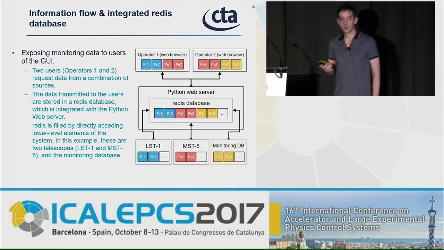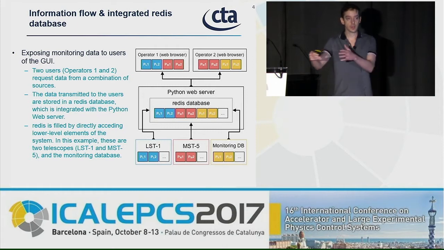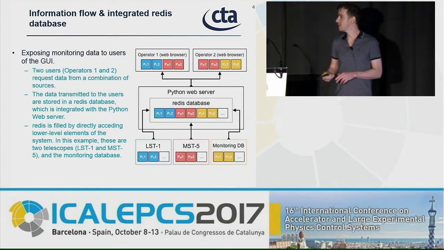Just to talk a bit more about the backend. Some of the complexity that we had to confront as we were developing this prototype is how to handle the huge amount of data and the diversity of the data that comes in from CTA operations. Part of the issue is that you could have maybe two operators that sit in the control room, but you could also have, as a possible design feature, other engineers that are off-site and want to connect remotely and view what's happening with the data.